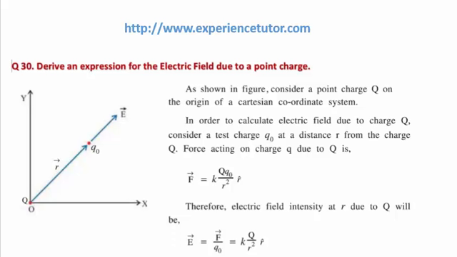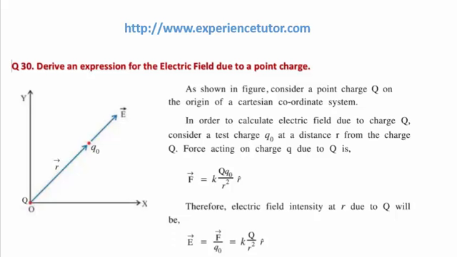Question number 30. Derive an expression for the electric field due to a point charge. As shown in the figure, consider a point charge q at the origin of a Cartesian coordinate system. In order to calculate electric field due to charge q, consider a test charge q0 at the distance r from the charge q.